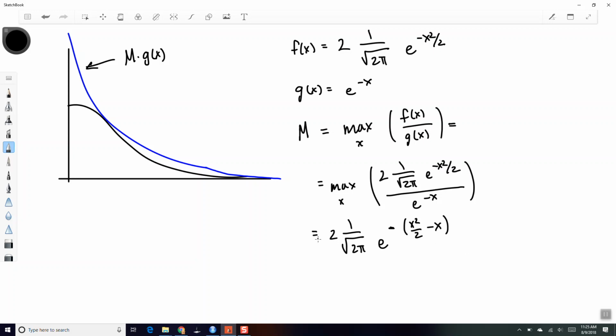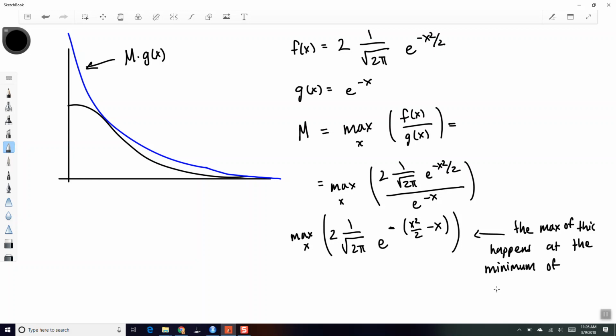And so the max of this function, sorry, I still need to write argmax x. Okay. So the max of this happens at the minimum of x squared over 2 minus x.